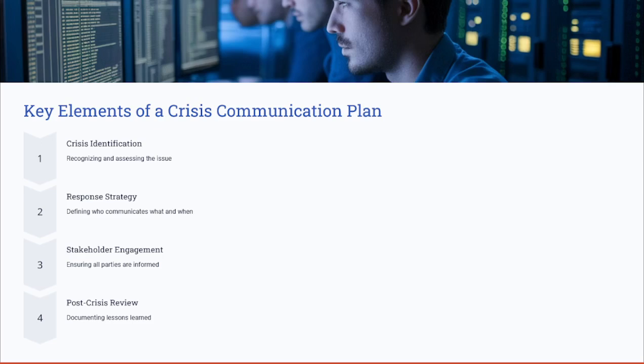Response strategies are about defining who communicates what and when. The third element is stakeholder engagement, to ensure all parties are involved and informed. Then the post-crisis review documents the lessons learned from the crisis.